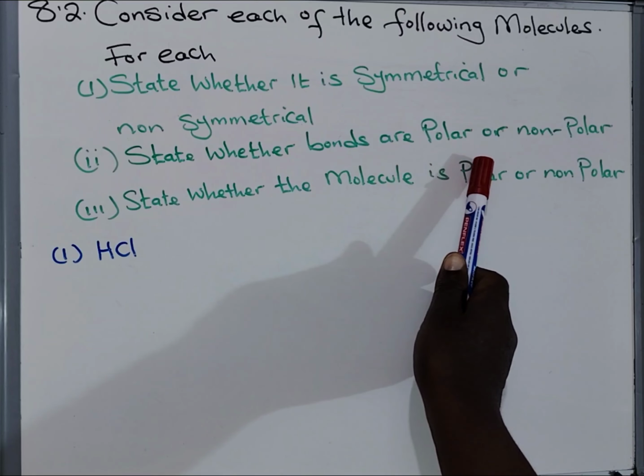Then we come to the last one, the molecule. Is it polar or non-polar? These two factors, the molecule being non-symmetrical and the bonds being polar, make the molecule polar.